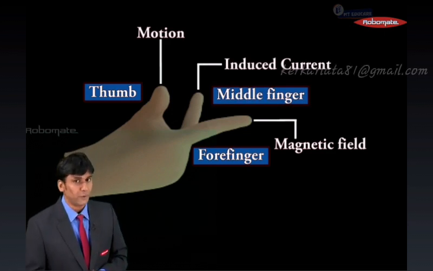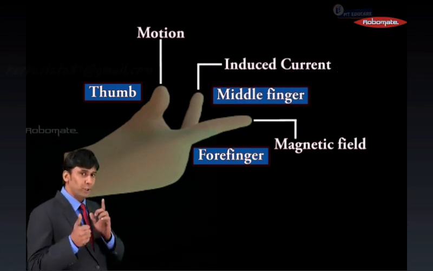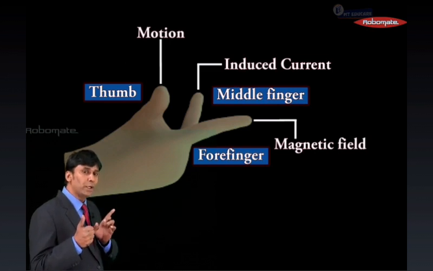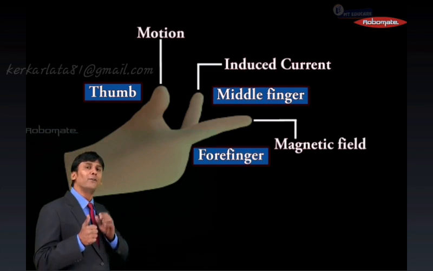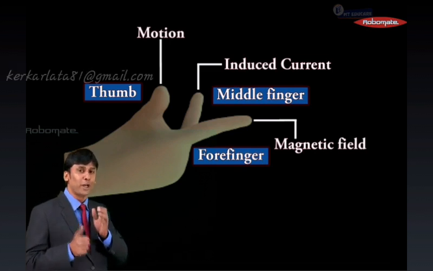So what is Fleming's right hand rule? If the thumb is showing the motion, the forefinger is showing the direction of magnetic field, then the central or the middle finger will show the direction of induced current.